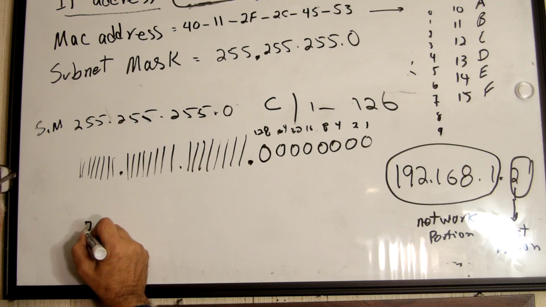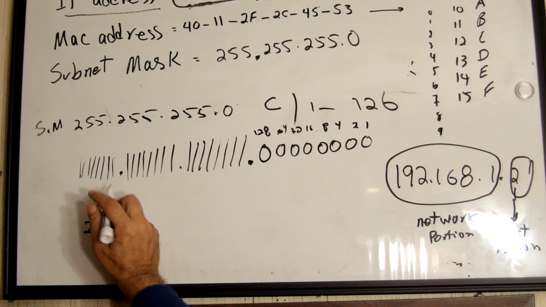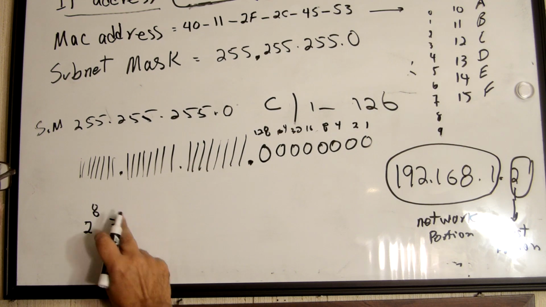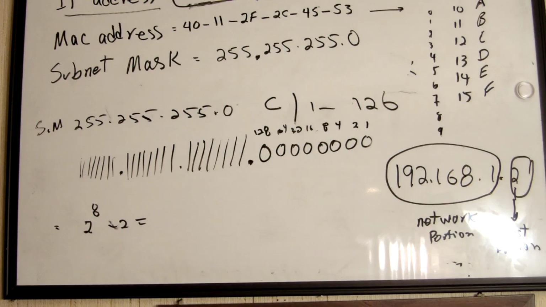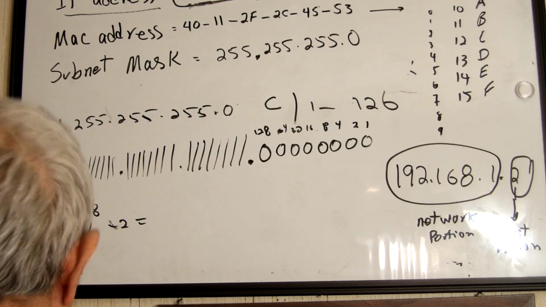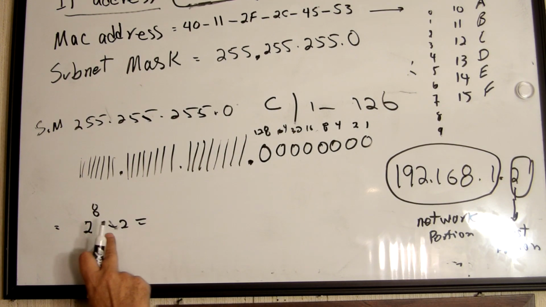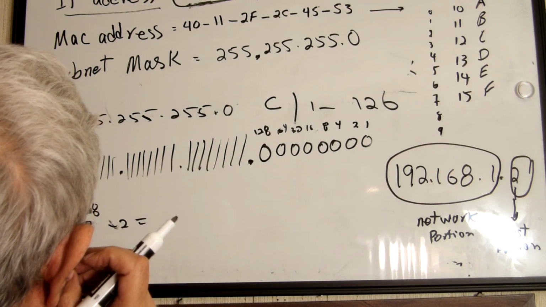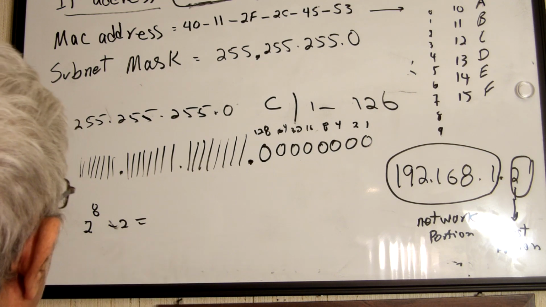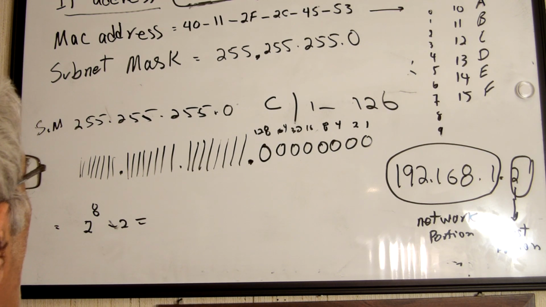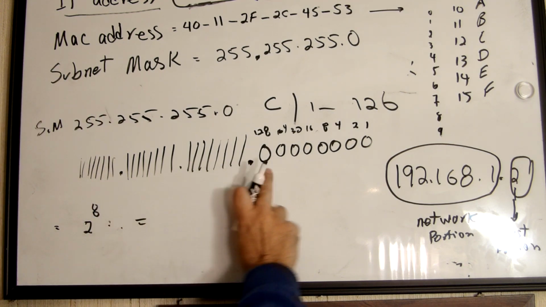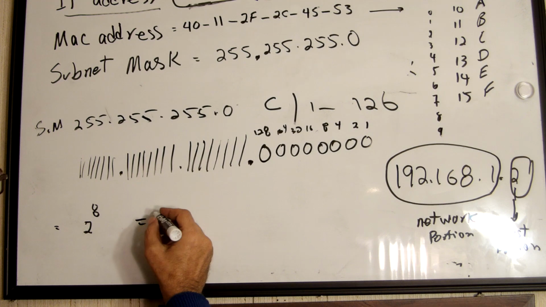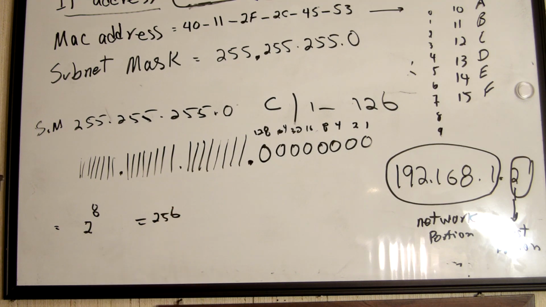So you say 2 to the power of 8 minus 2, because this is going to be the valid hosts. You have to take 2 of them, one for network and one for broadcast, and we'll talk about this. Altogether, 2 to the power of 8 is 256.